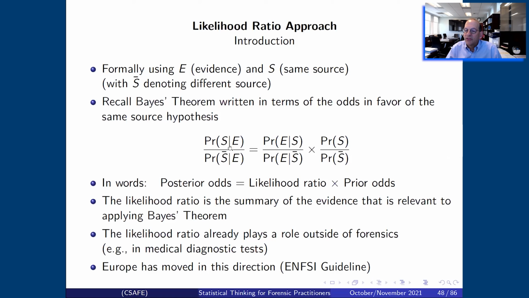And the left-hand side, I'm going to skip to for now. Remember how we read conditional probability. It says, given the evidence, let me only consider cases which have evidence exactly like this. What's the probability that these two samples came from the same source? And what's the probability that they came from different sources? And what's that ratio? So those would be, I would argue, what everyone wants to know.